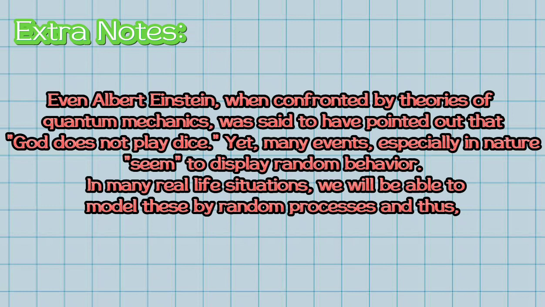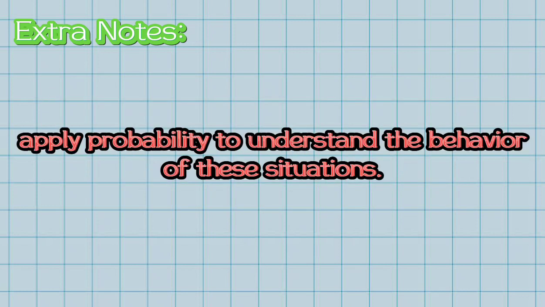Yet many events, especially in nature, seem to display random behavior. In many real-life situations, we will be able to model this by random processes and thus apply probability to understand the behavior of these situations.